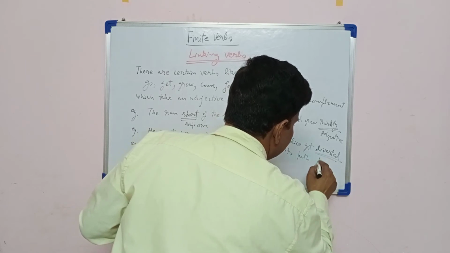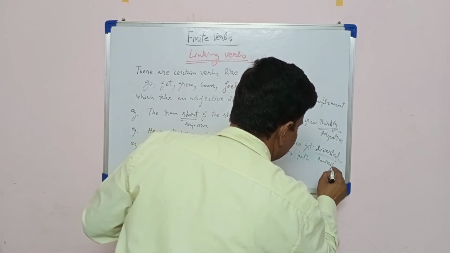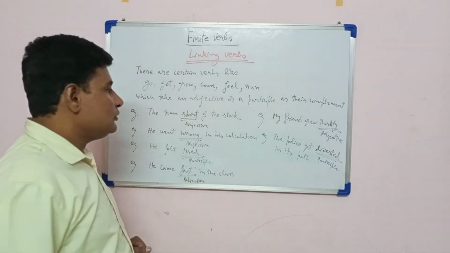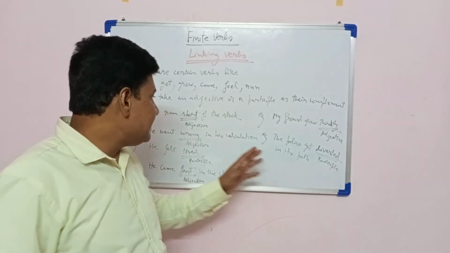So here diverted is a participle. So here you can see these in these examples.